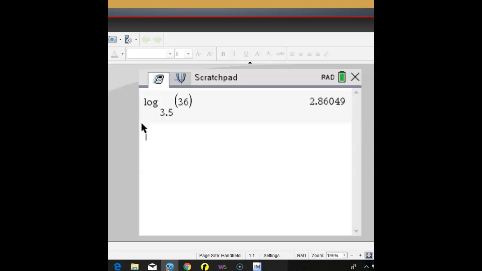Now let's say instead I change my base to something else. So let's say we're still finding the log base 3.5 of 36, but this time I'm going to change my base to 2.67: the log base 2.67 of 36 divided by the log base 2.67 of 3.5.